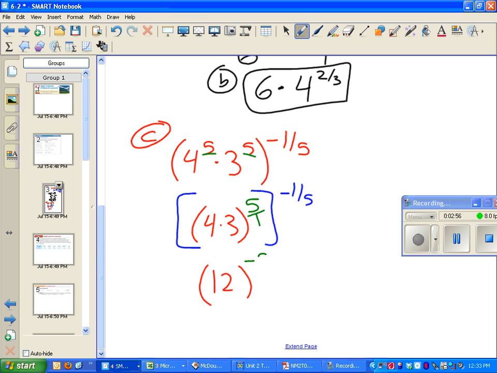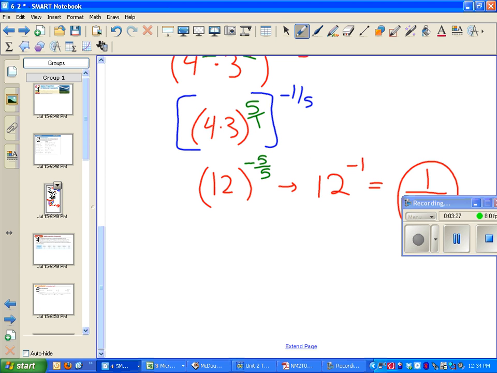So that would be, working in small steps, negative 5 over 5. And then to simplify that, we would get 12 to the negative 1st power, which is a negative exponent, so we're going to bring it downstairs, and now we have 1 over 12. Okay. These can be confusing because there's a lot of different rules that you need to pull from, but eventually, hopefully, it'll all slide into place.